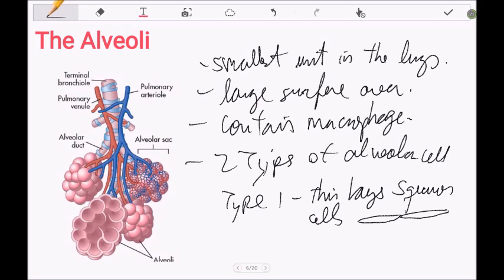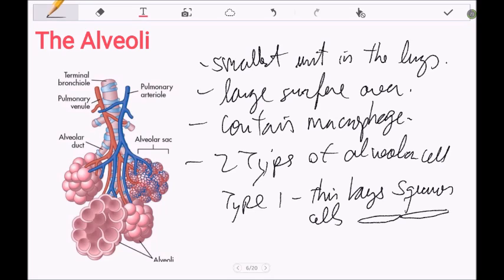They need to be thin because if the cells were larger, like columnar or cuboidal cells, then gas exchange would not be as effective because the gases would have difficulty passing through these thickened layers of cells. So it must be thin, therefore it's a thin layer of squamous cells, right?